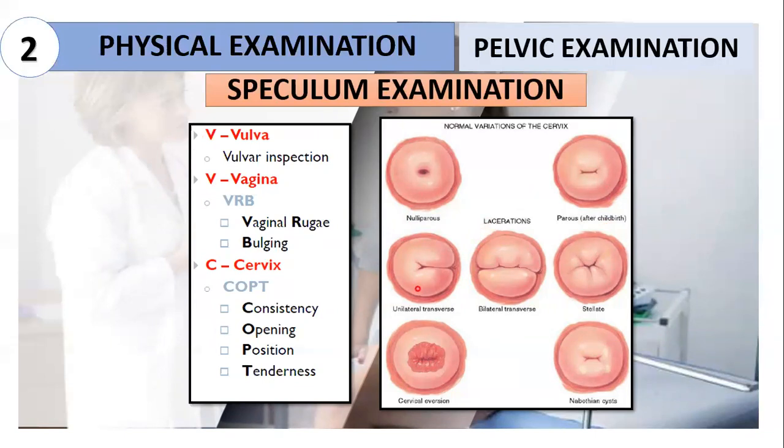We could also observe lacerations like unilateral transverse, bilateral transverse, or stellate. Here is a cervical eversion and the Nabothian cysts.